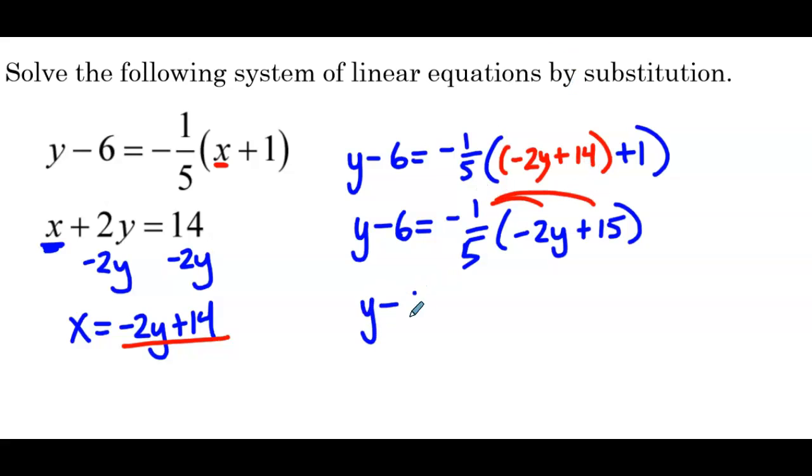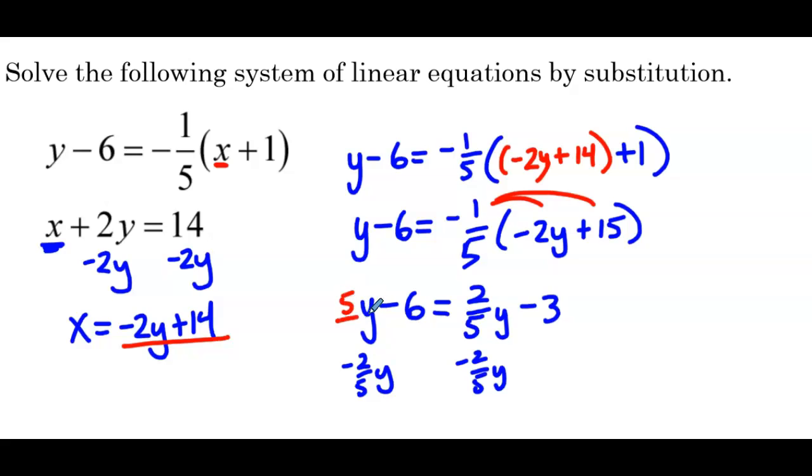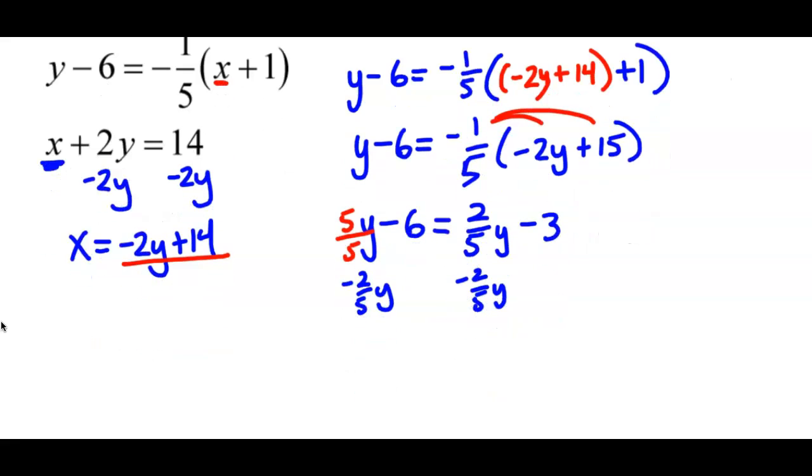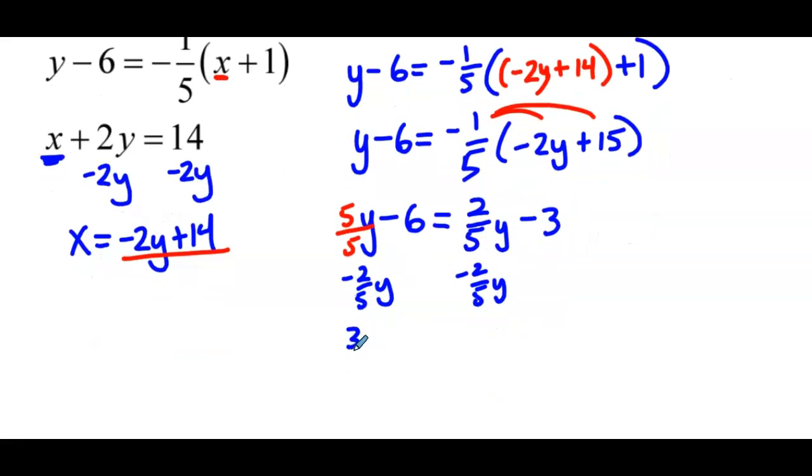So we'd have y minus 6 equals positive 2/5 y minus 3. So we can subtract 2/5 y from both sides. Now in order to combine these terms, we need a common denominator. So I'll rewrite y as 5y over 5. So that means on the left-hand side, we have 3 over 5y minus 6 equals negative 3.